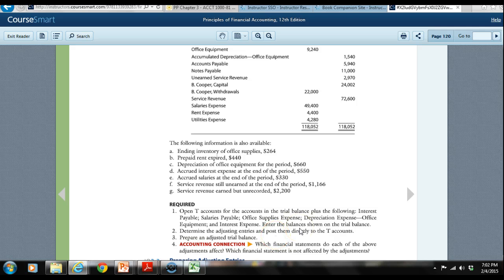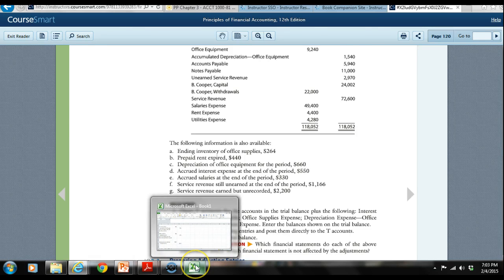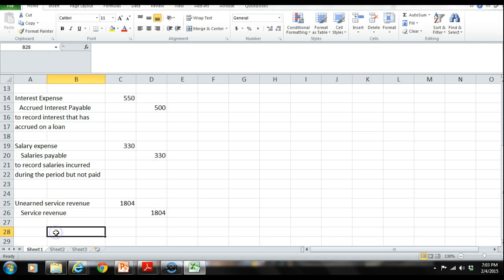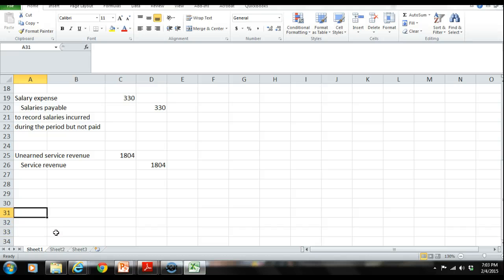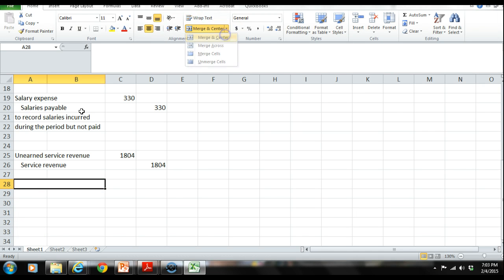Next, G is our last one. Service revenue earned but unrecorded, $2,200. So we have earned service revenues of $2,200, but we haven't sent out a bill. So what are we going to do? What would be our debit here?